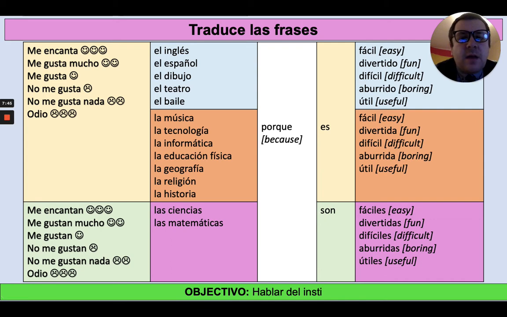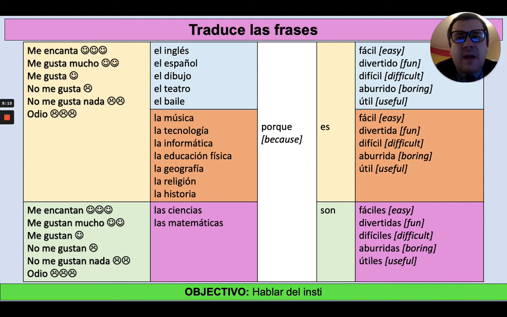So I'm going to give you an opinion in Spanish and you're going to translate it into English, okay? The first one is, me encantan las ciencias porque son fáciles. So you should have, I love science because it is easy. Next one, me gusta mucho el teatro porque es divertido.